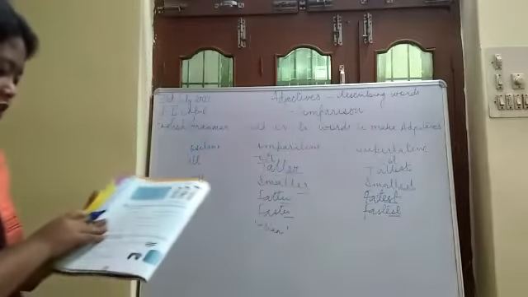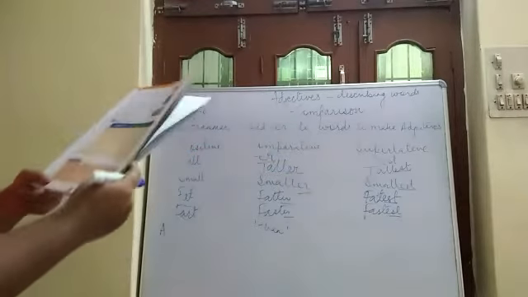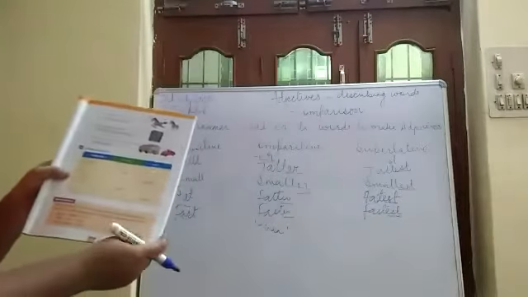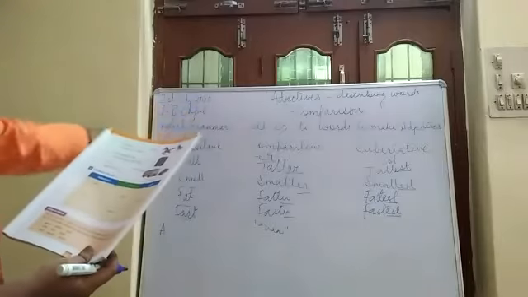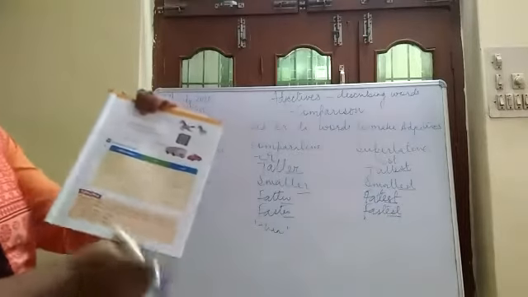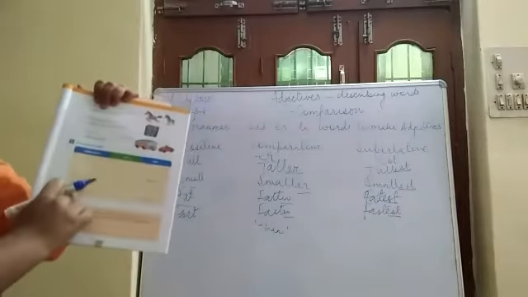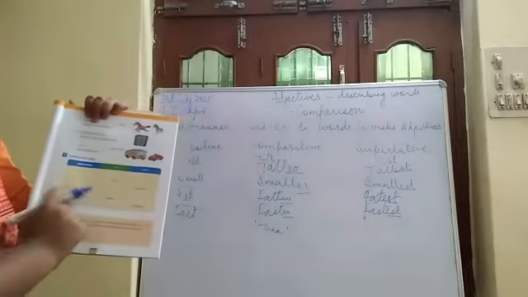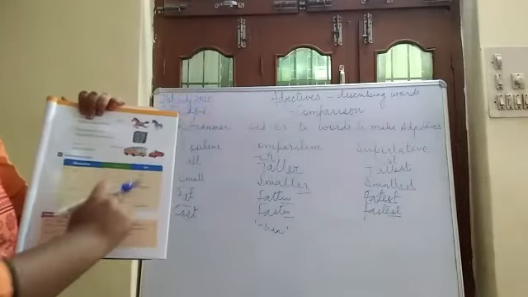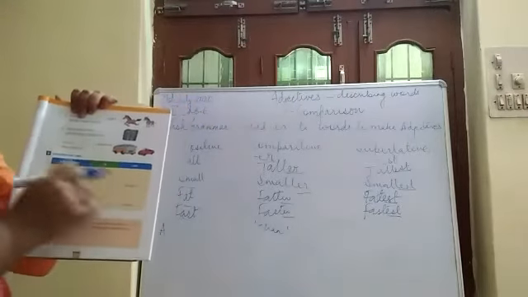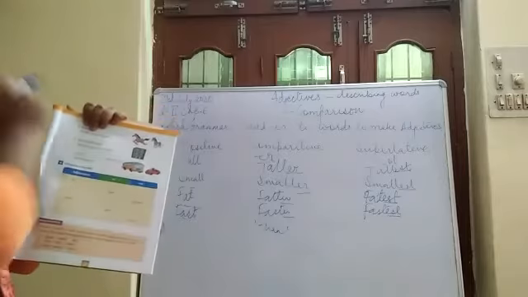Okay, all right. Next, come to the last exercise of this chapter. This is exercise D. I taught you the positive, comparative, superlative. Similarly, you have to do that one also. See, the adjectives have been given in blocks. Okay, 3 blocks are there, or we can say 3 boxes are there. The first one is the adjective, that's called the positive.